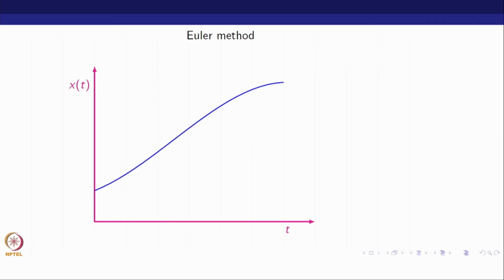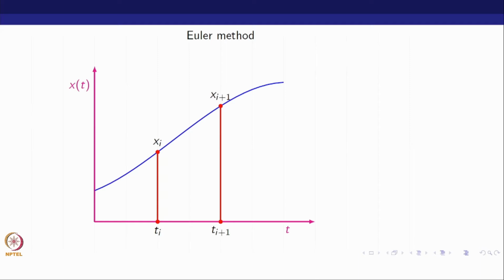Now that is drawn as a time versus x profile. Now I am taking a small segment between ti and ti plus 1. On the curve, ti hits at a point I call xi, and ti plus 1 hits at xi plus 1.